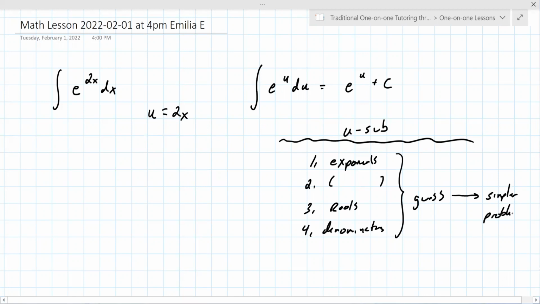It's about turning something that you don't know into something that you do know. So you know how to do e to the u, but you don't know e to the 2x. So you always take the derivative, and then you back substitute. You substitute for u, and then you solve this for dx. So dx is du over 2.